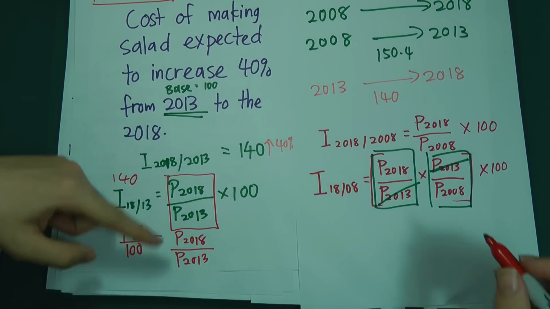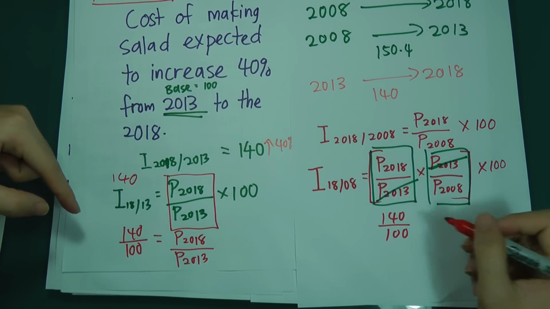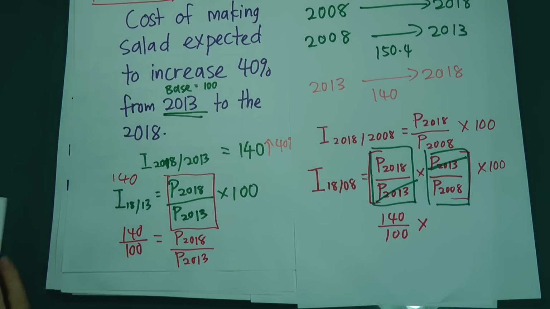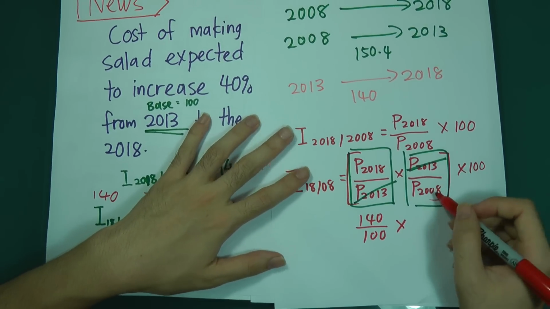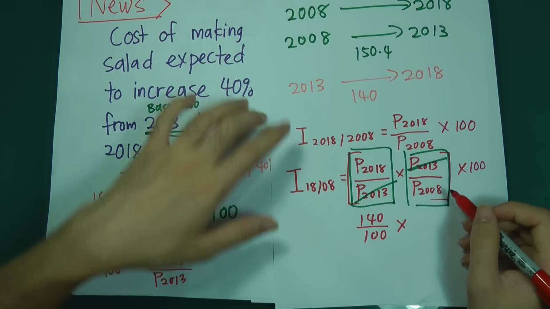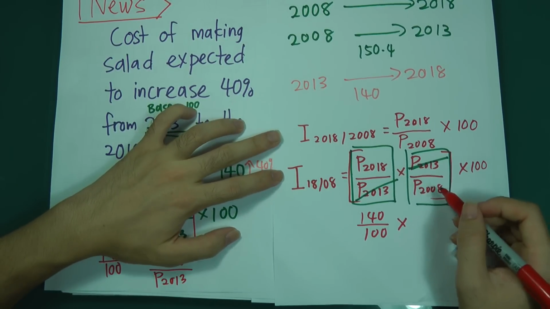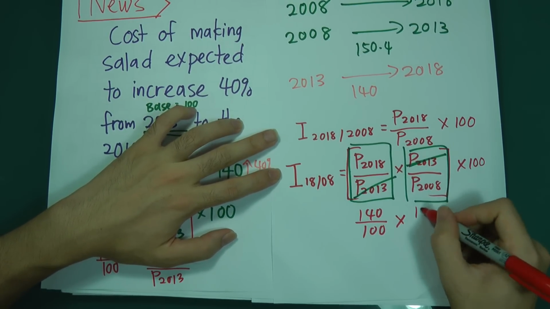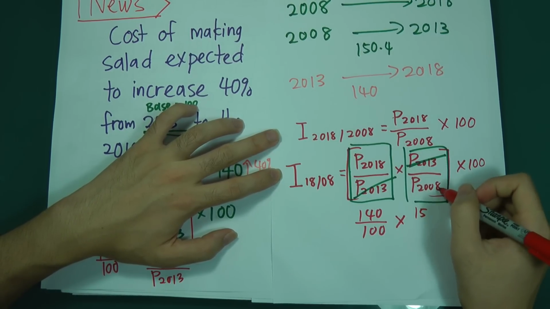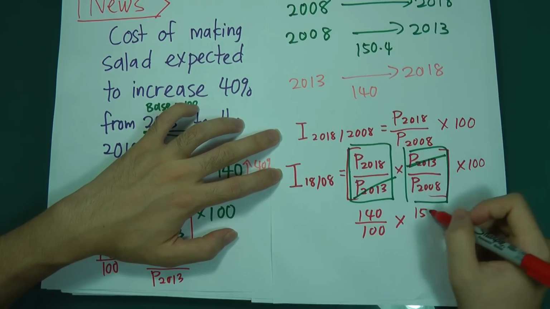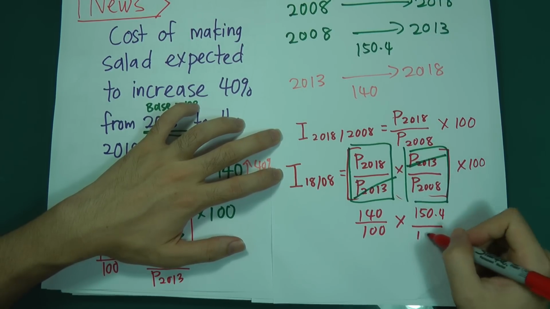So therefore, I fill in this thing, 140 divided by 100. Okay, multiple this one, price for 2013 based on price for 2008. So we're going to use this composite index. So it's always the same. This is composite index for price 2013 based on 2008 is 150.4. Divide 2008 is a base year, so it's always 100.